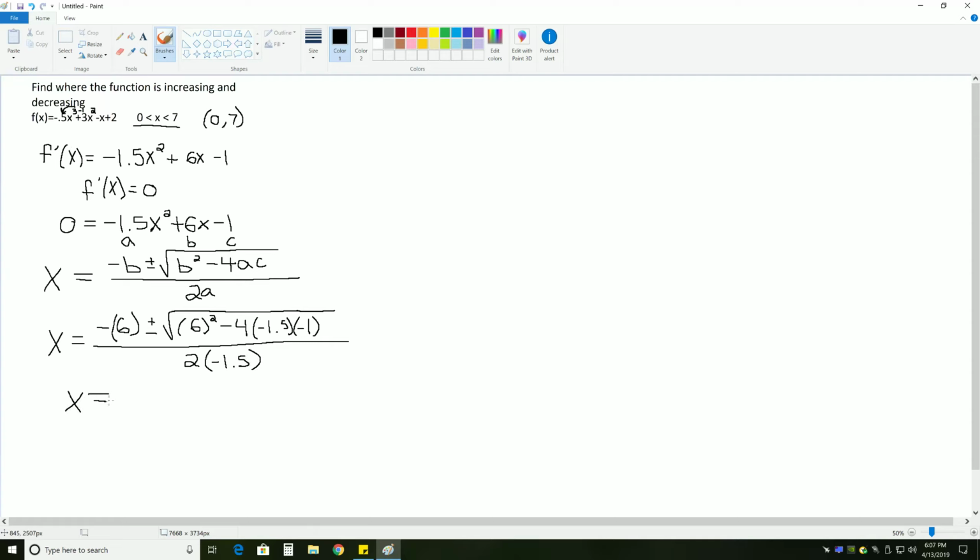And when you plug these values into your calculator, you're going to end up getting 0.1743 and 3.8257.